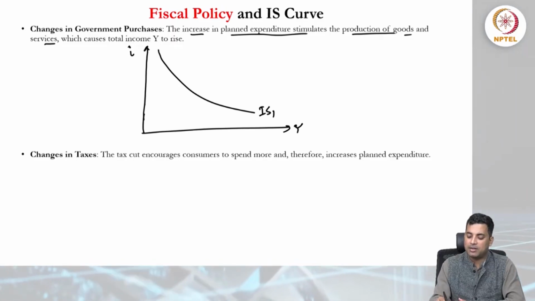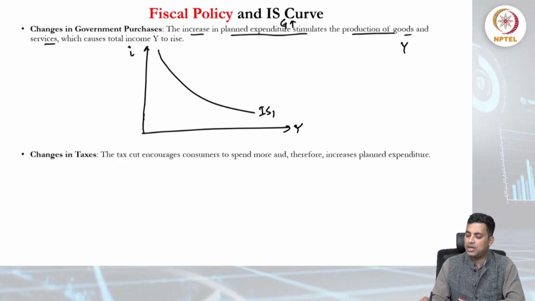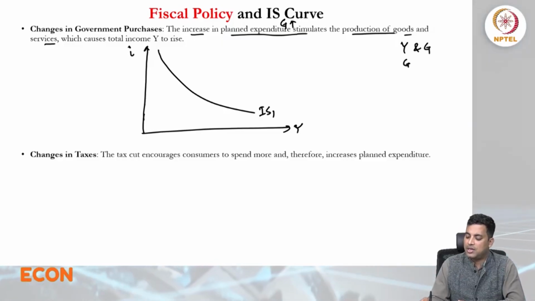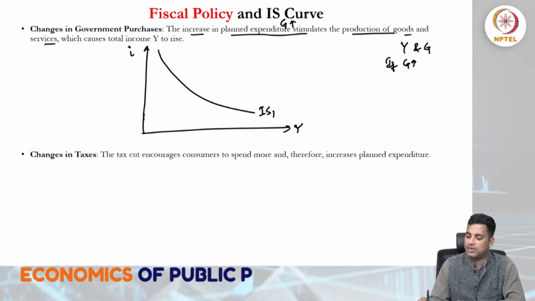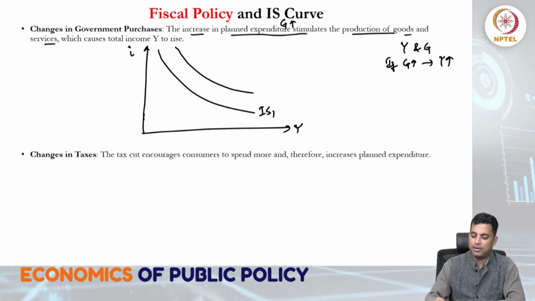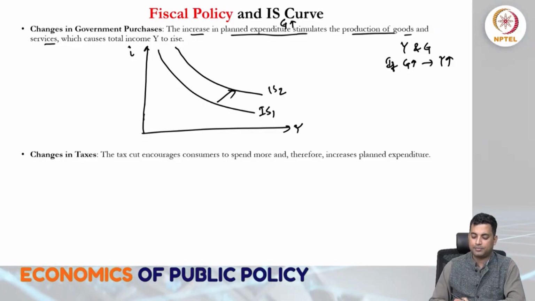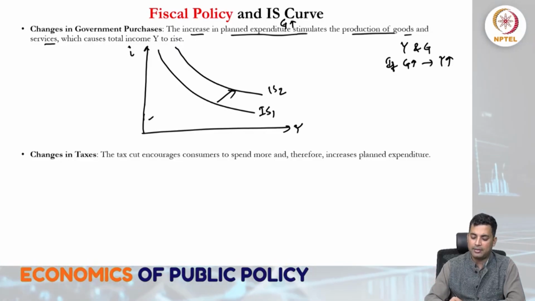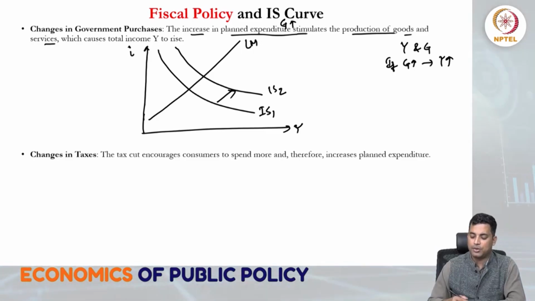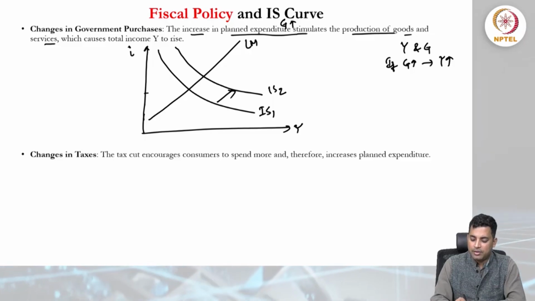Government expenditure G is getting increased. As we know, G and Y are positively related, so if G increases, Y will also increase, and therefore the IS curve will shift rightward. This is the LM curve, which is upward sloping, but the IS curve will shift rightward.